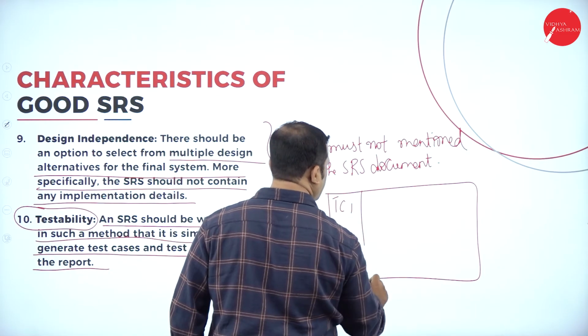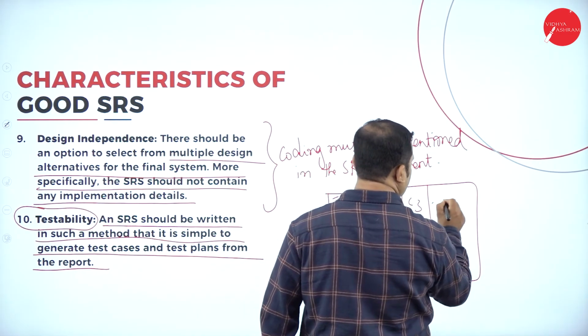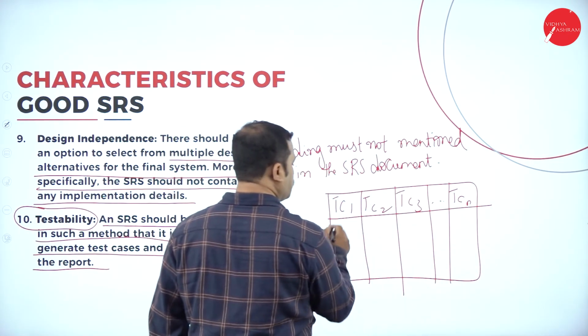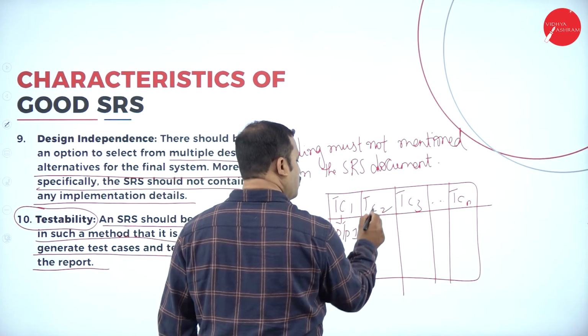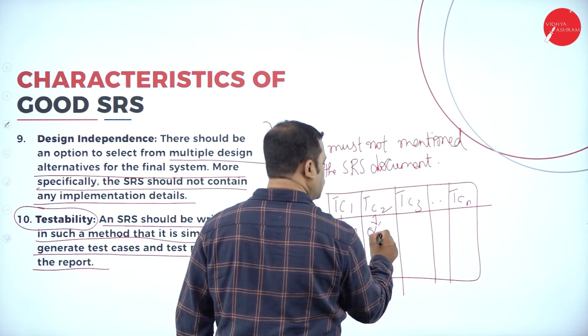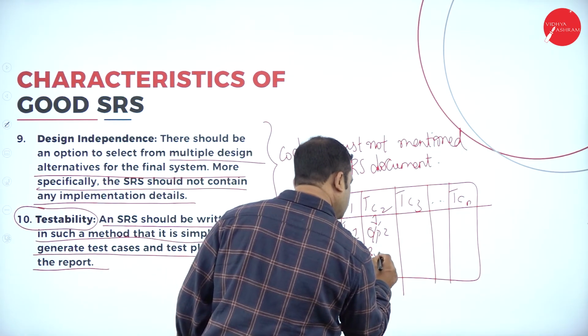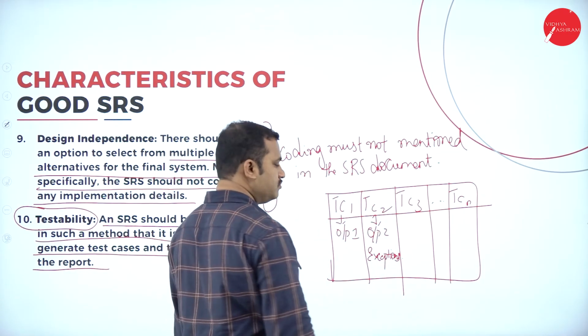Test case 1, test case 2, test case 3, and so on up to test case n. What is the meaning of this? Suppose for test case 1, what is the possible output generated? For test case 2, what is the output generated? If there is any exception, kindly make a note of the exception or mistakes that have been identified.